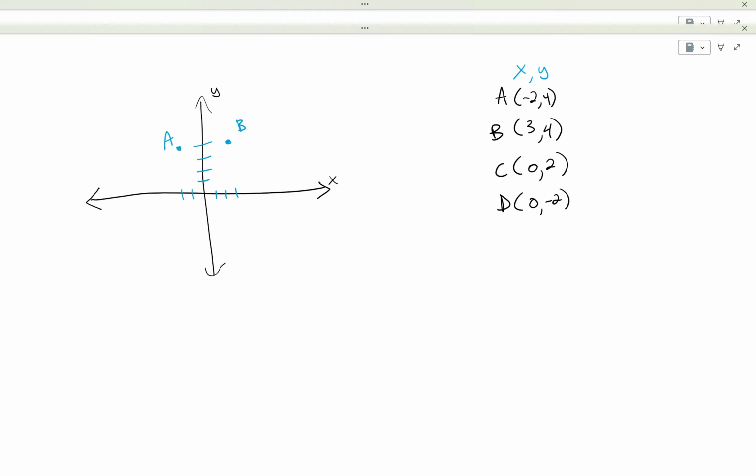So I'm going to be at the origin, 0, 0, the intersection of x and y, and then I'm going to go up 2. So this is the coordinate C. And then I'm going to go down 2, 0 at the origin, and then down 1, 2, -2 for D. All right. So this one, I hope, is apparent to you. We can use the counting principle.